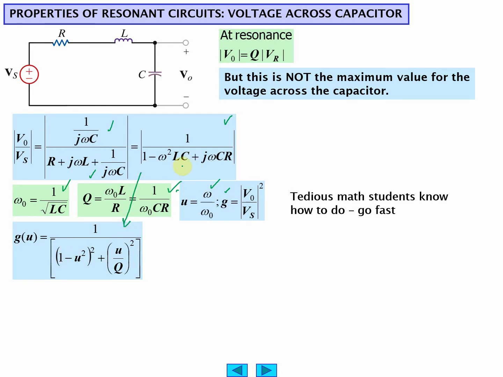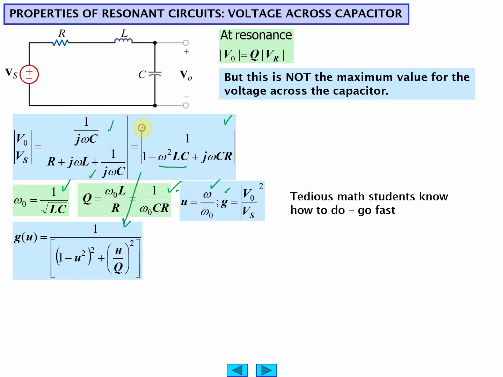1 minus u squared, which is omega over omega naught. Remember, omega naught is 1 over root LC. So u is omega over omega naught, and u squared is going to equal this.